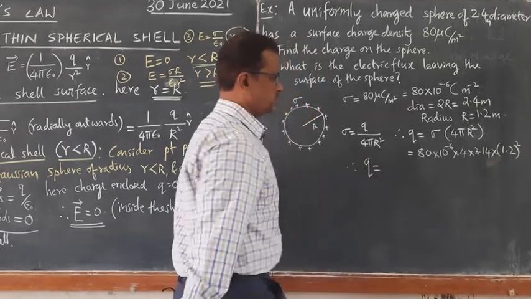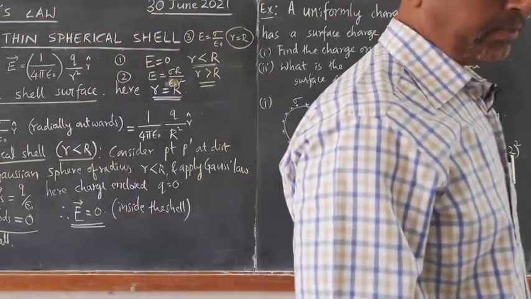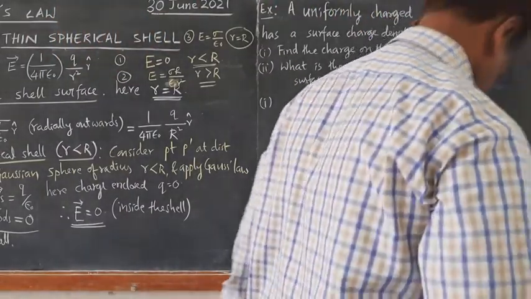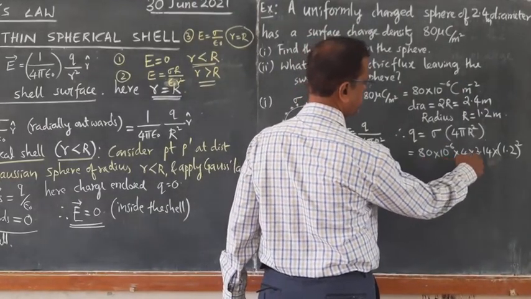If you simplify this, we get an interesting result. You take the multiplication of 80 with 4 and 3.14.